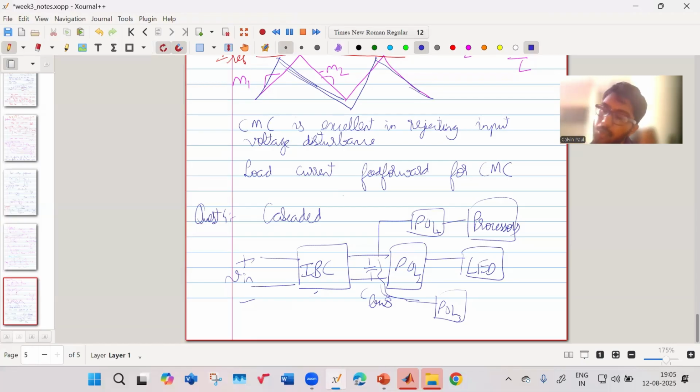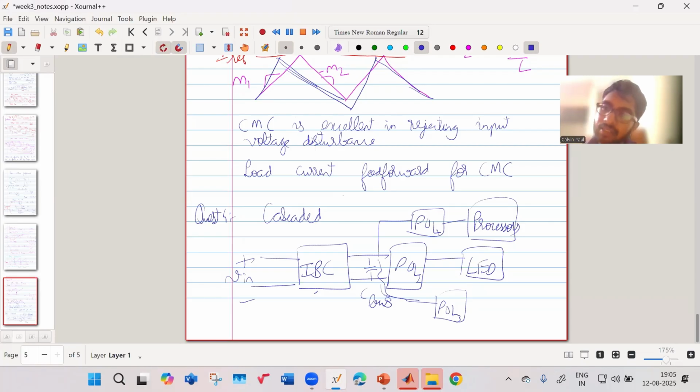So to do that, the feedback loop of these POLs is made very fast. Their switching frequency is made very high, such that the size of the POLs is very low. Their dynamics are much faster compared to the IBC. So the IBC is a very slow system, and these POLs are very fast.